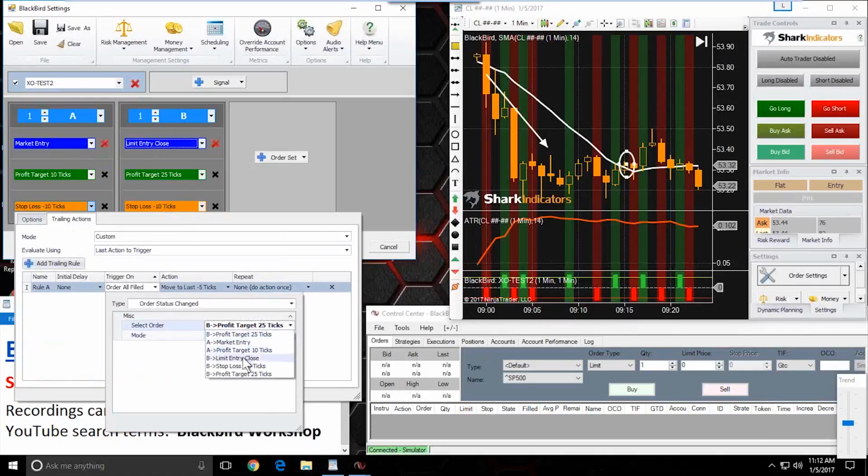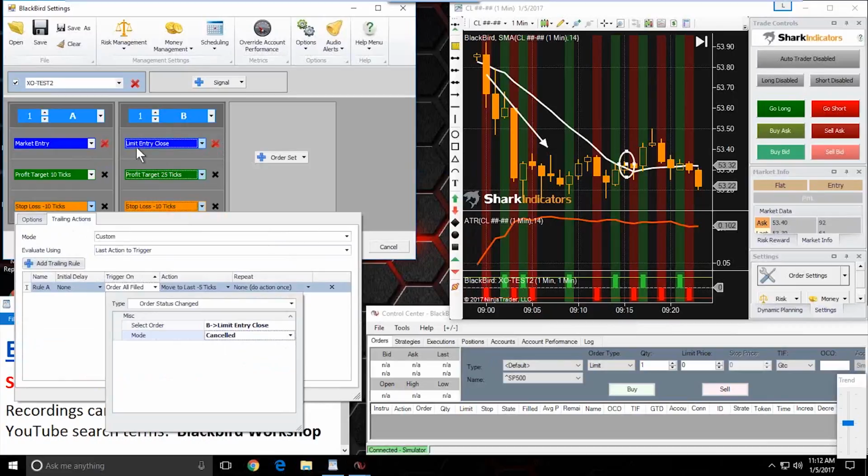If order B is using a limit entry order, and it never gets picked up, you might cancel that limit entry order after a certain period of time.